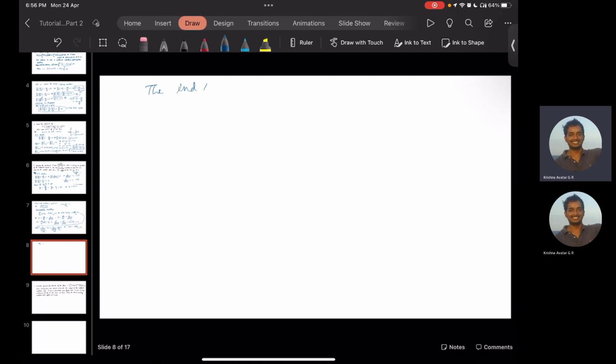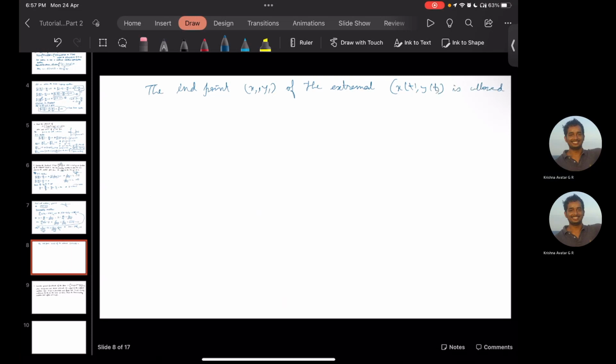The endpoint x1, y1 of the shortest length, or so to speak, of the extremal x of t, y of t, is allowed to vary along y is equal to minus 2 minus x, right? So which means the variations are related as del y is equal to minus del x, is it not?